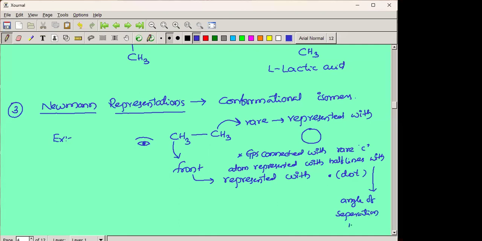Okay, so like that we can represent the groups which are connected with the rear carbon atom.